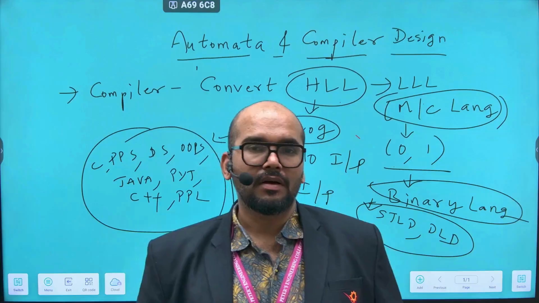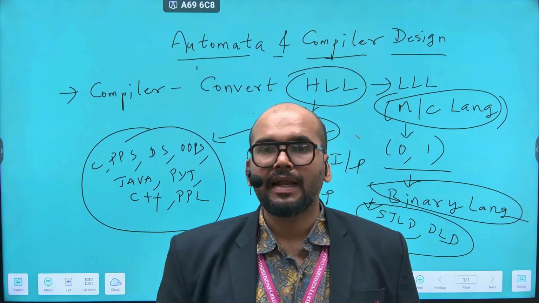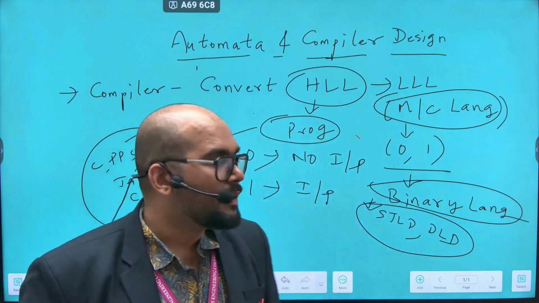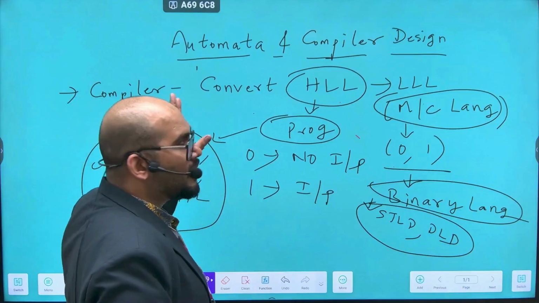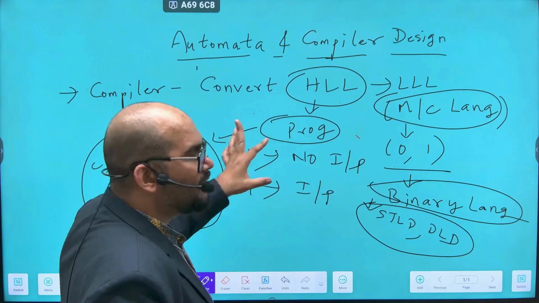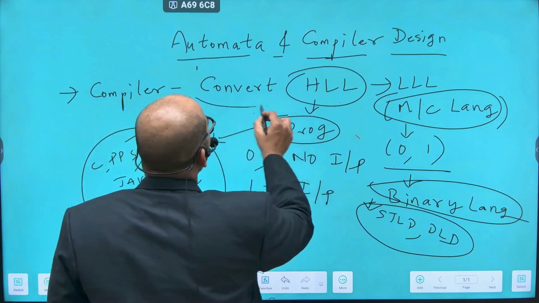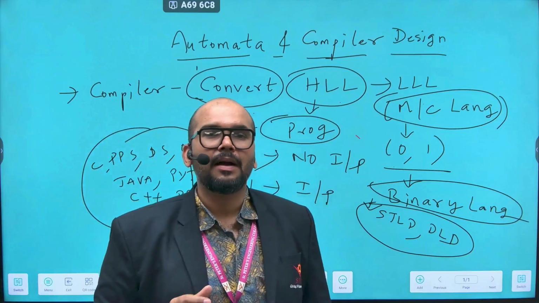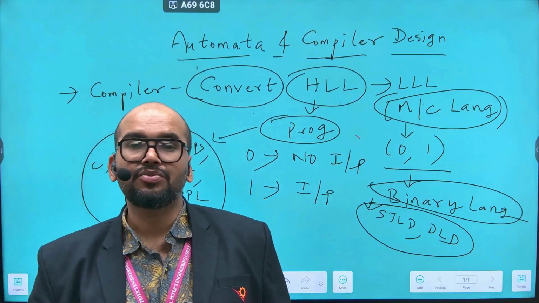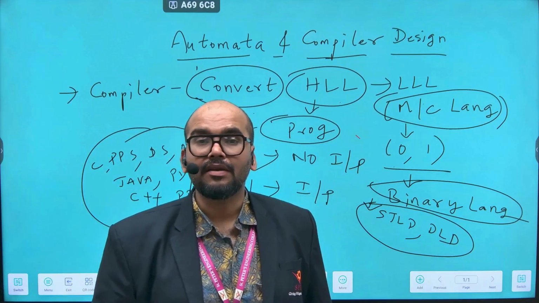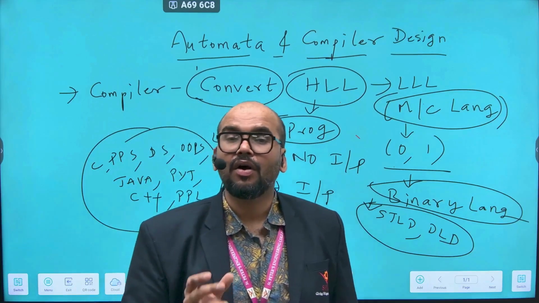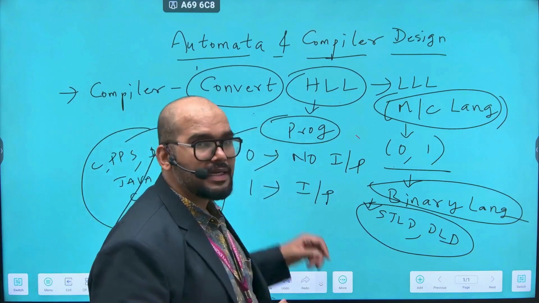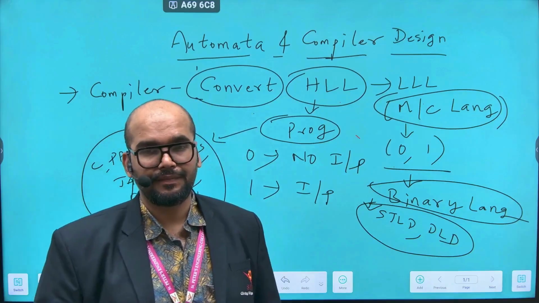So then what do we deal with in FLAT, what do we deal with in CD and ATCD? In the definition we have a keyword saying convert or conversion. A compiler will convert a high level language into a low level language. So this conversion is our course FLAT and CD.